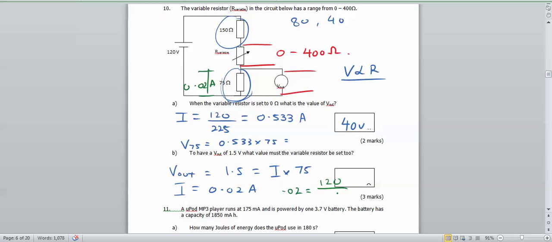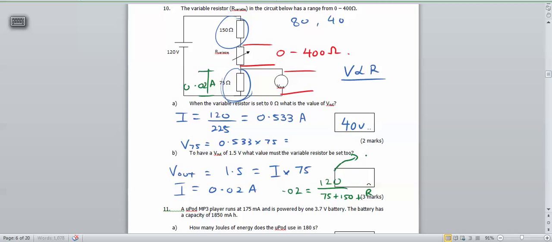V over R, 120 over the resistance. Now, we know that there's a 75 ohm resistor, and we've got a 150, and they're all in series. So we've got 75 plus 150 plus our variable resistor, which we'll call R, is equal to this. So we just need to rearrange, and let's do that now. This is where some of you with maths will have some issues.